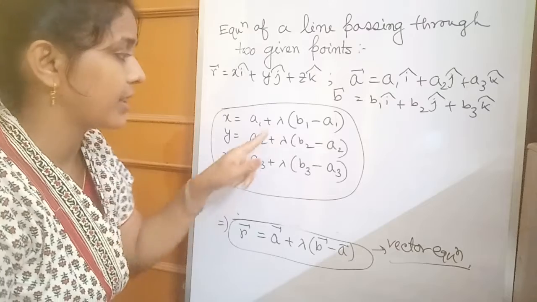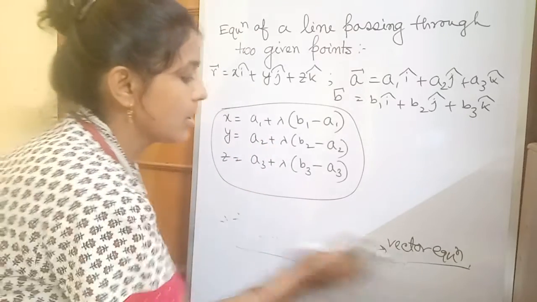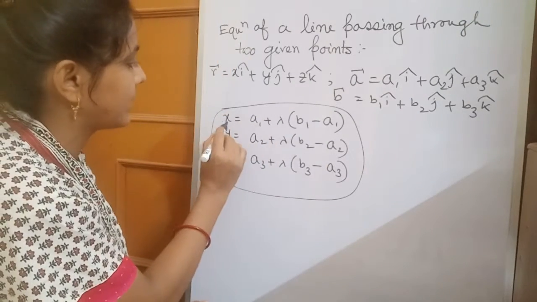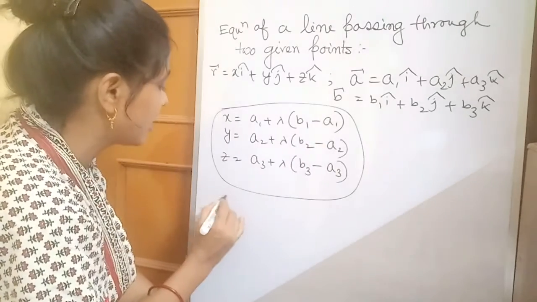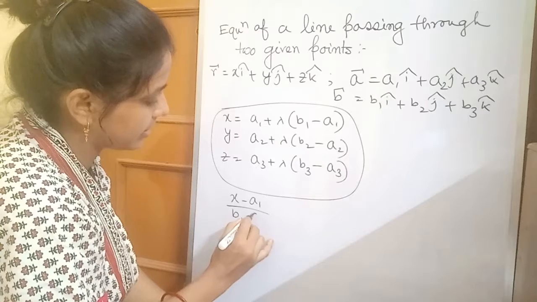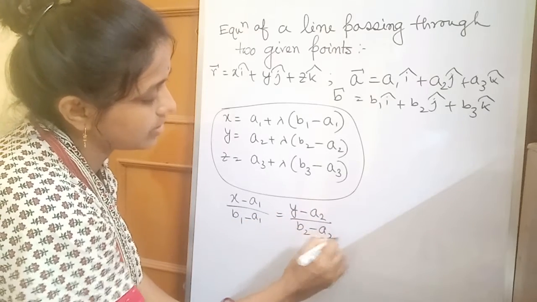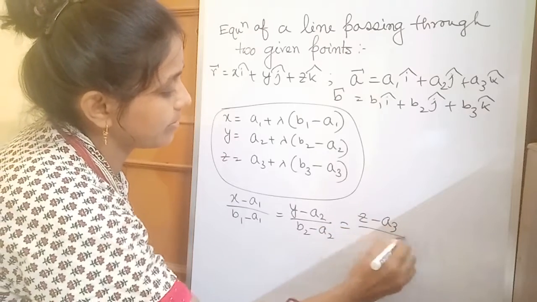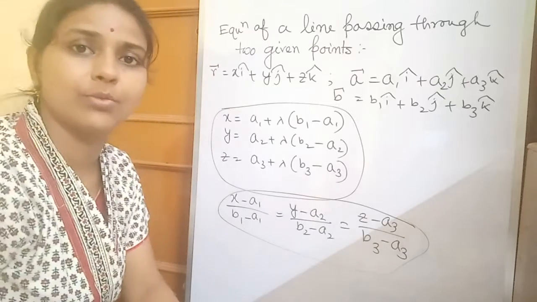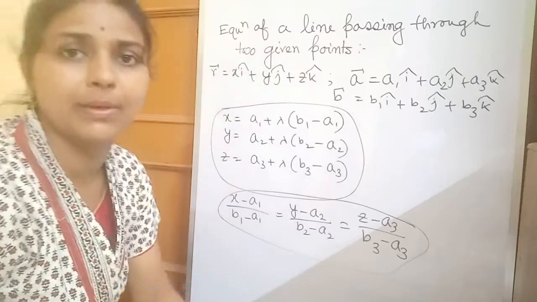From these three values we can find out lambda's value, and like the previous one we can equalize lambda's value and we will get the equation. That means lambda's value will be x minus a1 divided by b1 minus a1. So we can write that x minus a1 divided by b1 minus a1 is equal to y minus a2 divided by b2 minus a2 and z minus a3 divided by b3 minus a3, and this will be the Cartesian equation of the line which is passing through two given points.